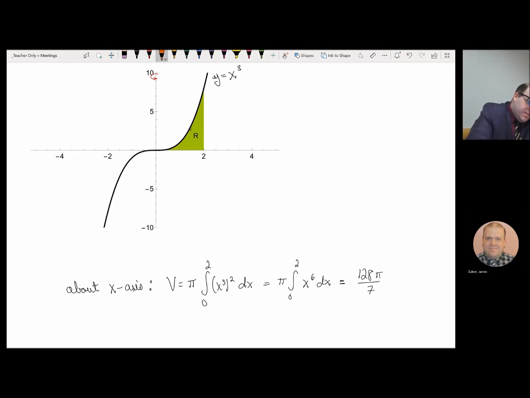This is the radius that we're really measuring. That's the radius of the region.